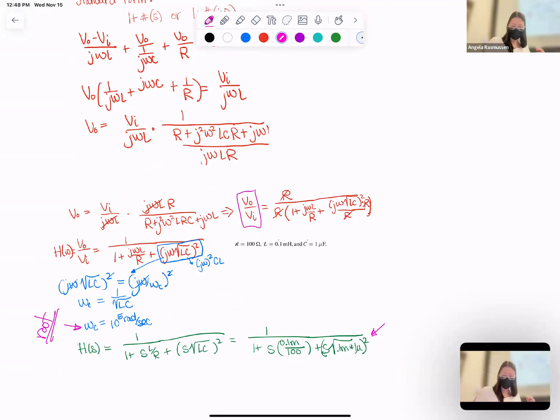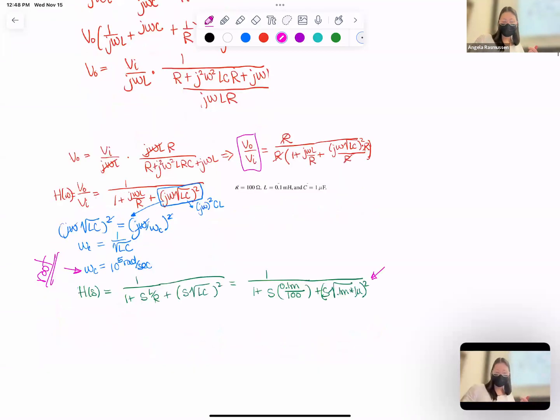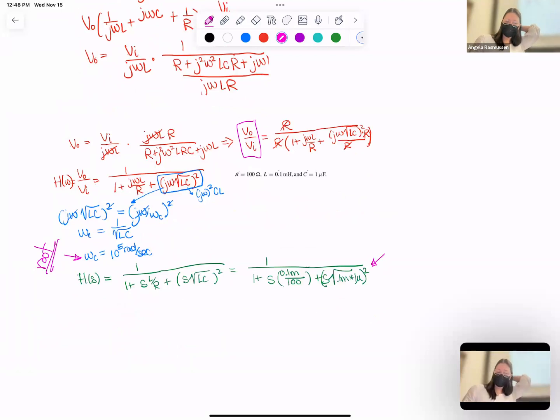And so that gives me the R's canceled. And so I have 1 over the square root of LC squared omega and J omega L over R. And then that term J omega C or J omega squared becomes omega squared.